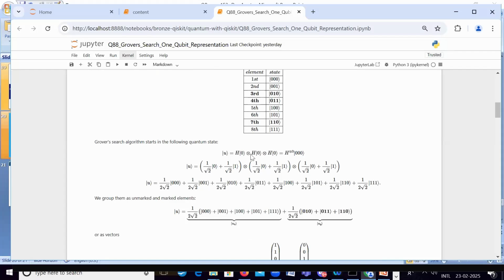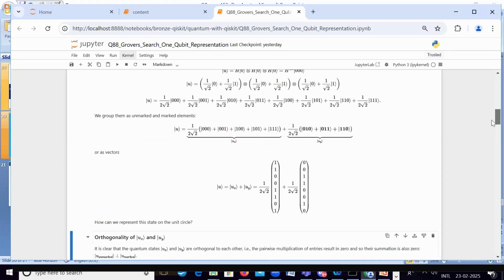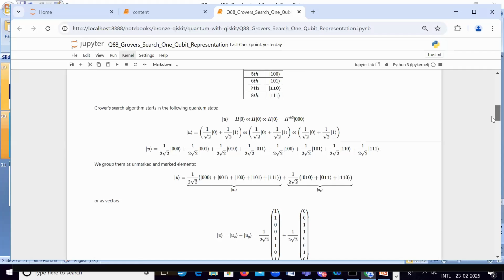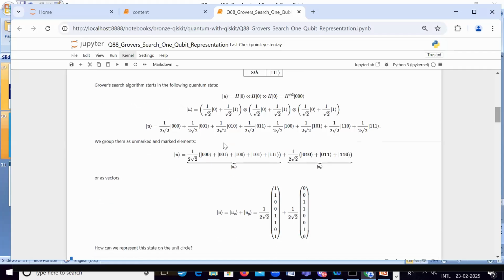As the tensor product here, it is tensored for all the states, and after all computations, we have the vector representation to get the combined state of the unmarked and the marked elements together.